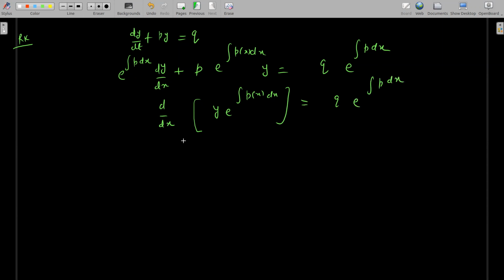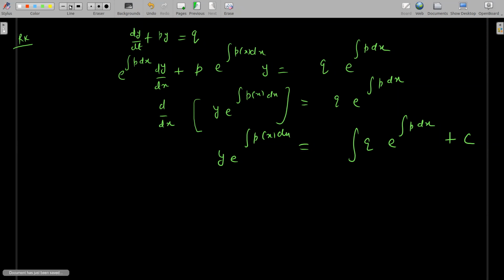So now the left hand side becomes an exact derivative. So on integrating you get y e power integral p dx equals the integral of q e power integral p dx, and you can check that was our formula, plus some constant c.